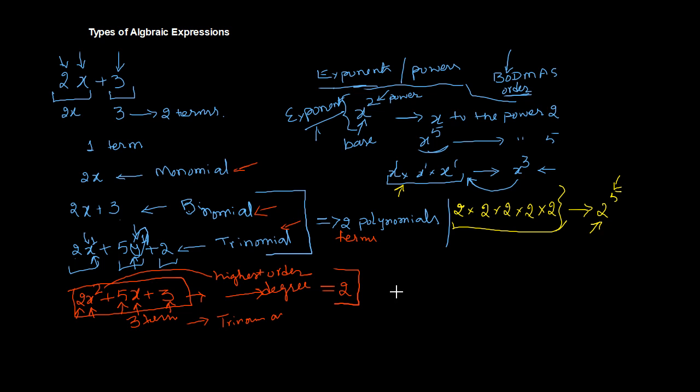Let's take another example: 5x cube minus 3. I don't have other terms here, but it doesn't matter. For me, this is still an algebraic expression. The highest power is 3, so the degree of this expression is 3. That's all you need to know under algebraic expressions.